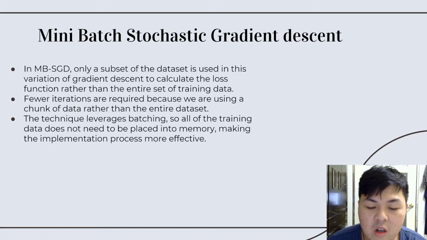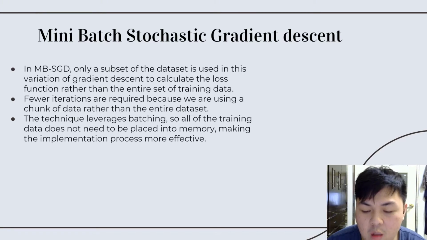In comparison to earlier iterations of GD, this approach is more reliable and efficient because the technique leverages batching, so all of the training data does not need to be placed into memory, making the information processing more effective.